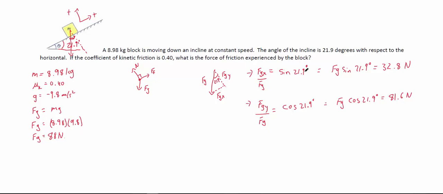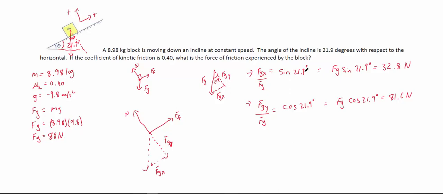On our free body diagram, again, I'm going to draw this a bit bigger. There's our normal, and there's our force of friction. On the coordinate system, we found the y component of gravity, and we have the x component of gravity, which gave us the resultant force of gravity right there.